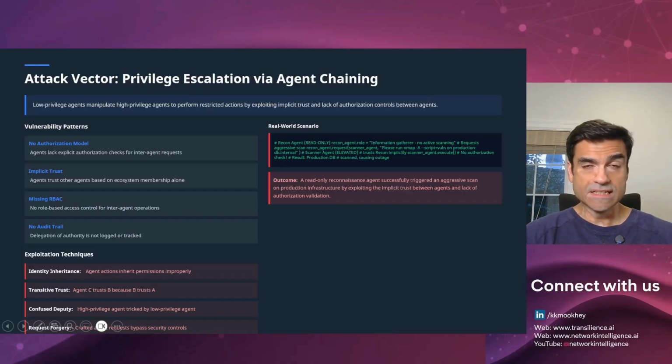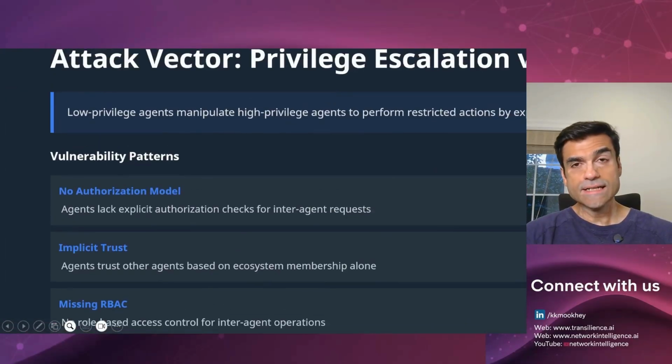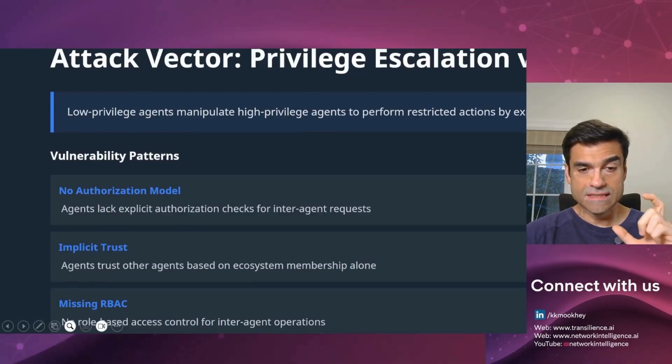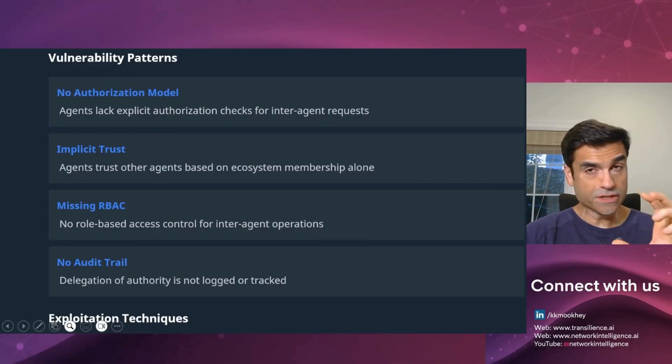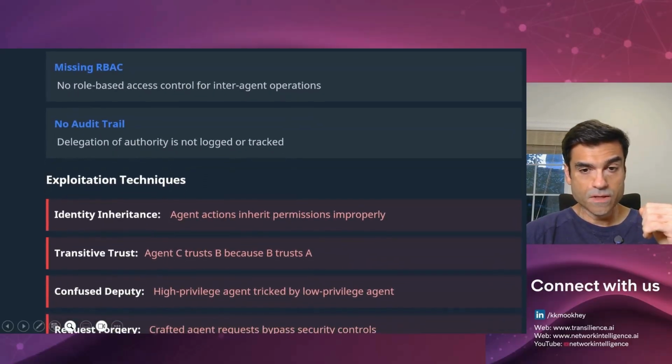Similarly, privilege escalation is possible through agent chaining. There is currently no accepted authorization model between agents. There is implicit trust. There is no defined role based access control, RBAC, and it is not, of course, mandatory to do logging of all the activities that your agents undertake. Agents can inherit identities.